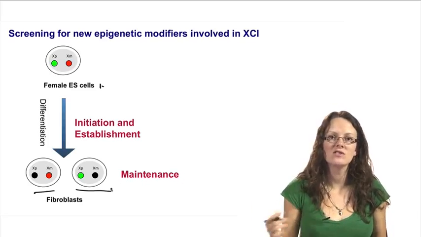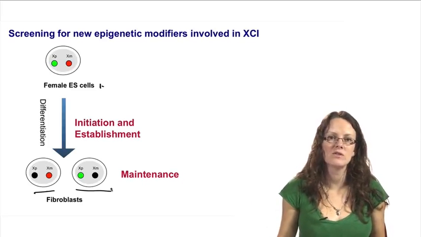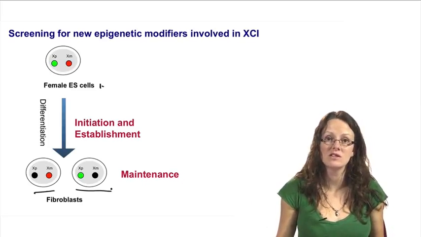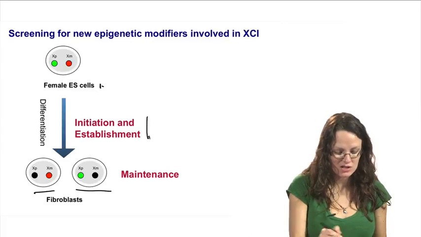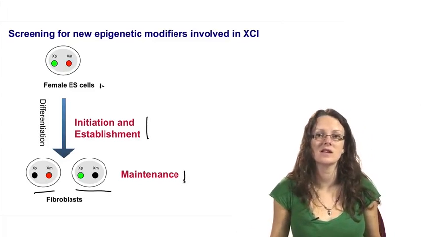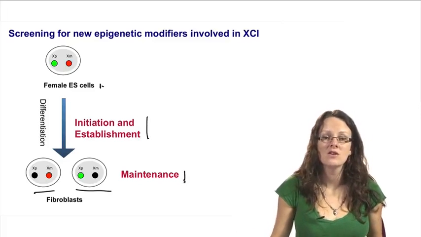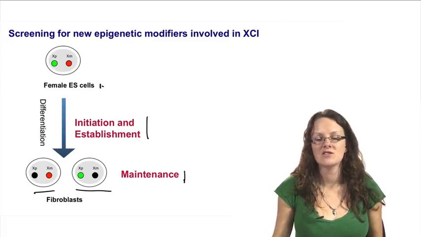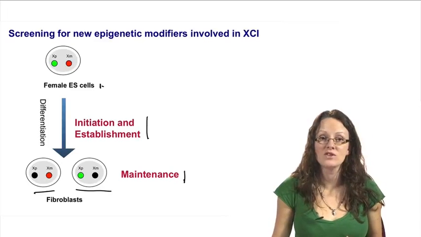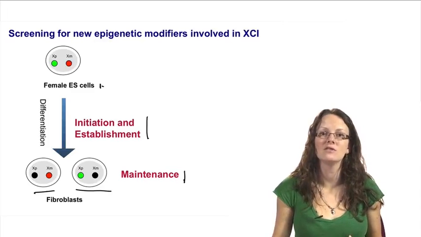And as we introduce these microRNAs to reduce the expression of each of the particular genes we're interested in, about 1,000 genes, we can study whether the phases of initiation and establishment or maintenance of X inactivation occur normally or are in some way disturbed. This will give us some indication as to whether the gene that we reduce the expression of with microRNAs has any role in this fundamental process of X inactivation.